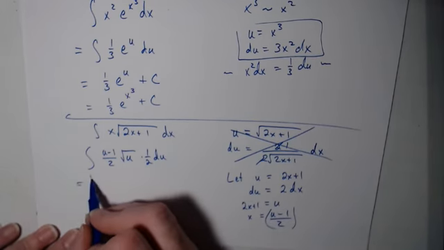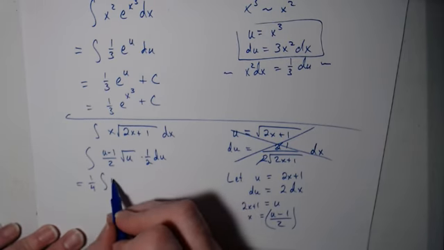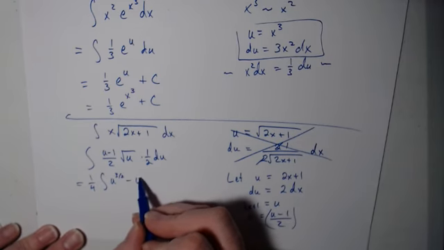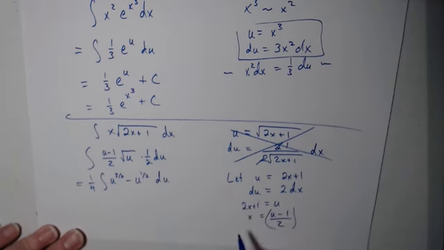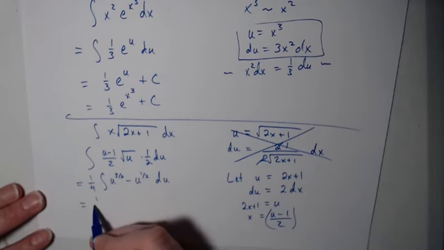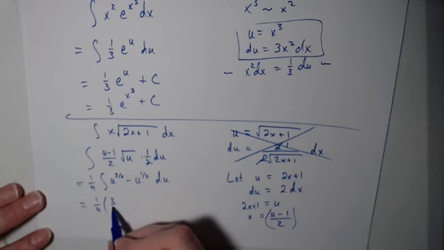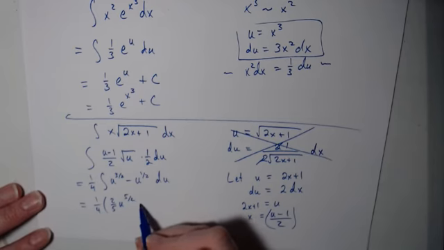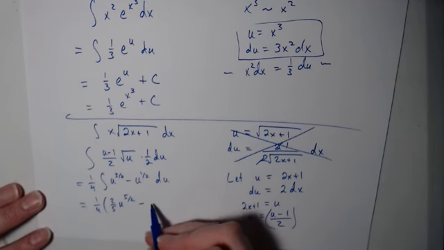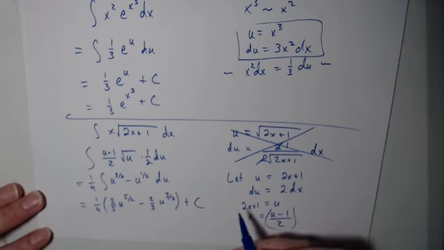So putting that all together, we have 1/4 the integral of the square root of u times u minus 1, which is u to the 3/2 minus u to the 1/2 du. I can now take my antiderivative term by term. I get 1/4. The antiderivative of u to the 3/2 is 2/5 u to the 5/2, and the antiderivative of u to the 1/2 is 2/3 u to the 3/2 plus my constant.